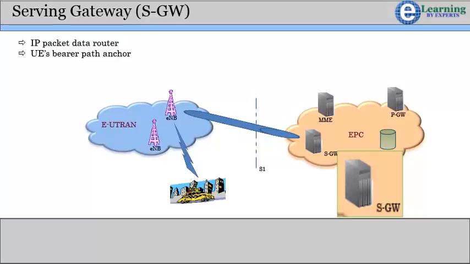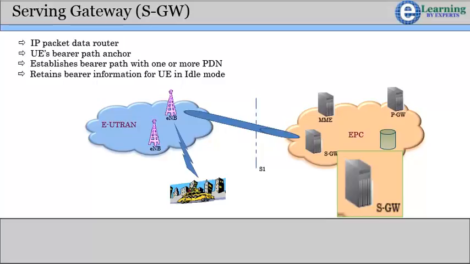Within the EPC, the SGW, acting upon direction from the MME, establishes bearer paths for the UE to one or more PDN gateways, PGW. SGW also retains the information about the bearers when the UE is in the idle state, and should downstream data be received for an idle UE, the SGW will buffer the downstream packets and request the MME to locate and re-establish the bearer paths to and through the UTRAN.